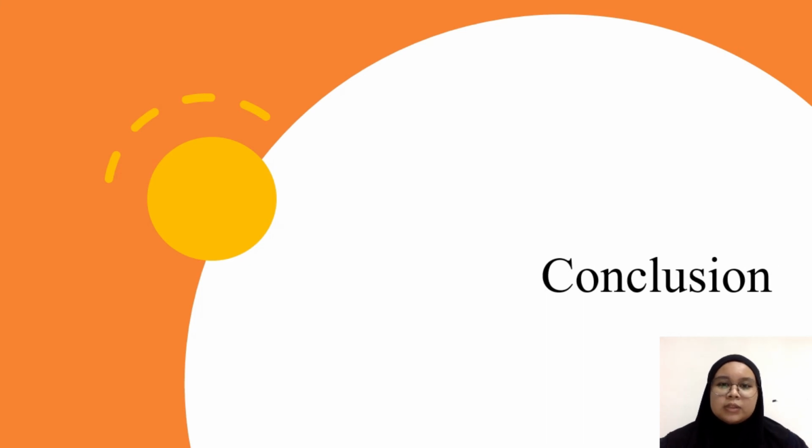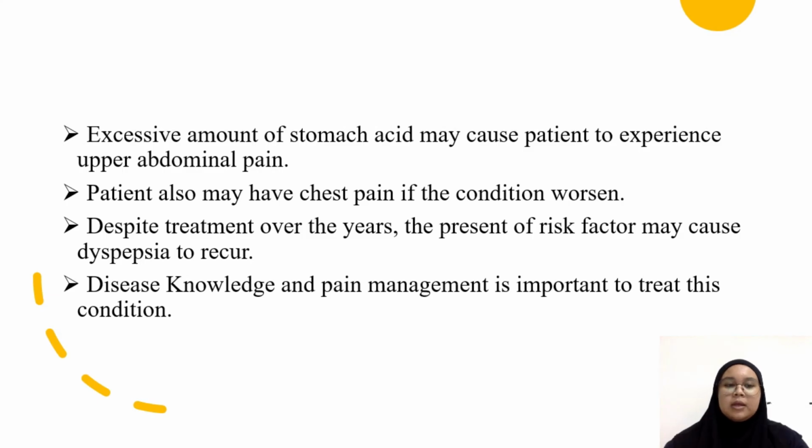So the conclusion from this case study is that dyspepsia may cause an excessive amount of stomach acid production that may cause the patient to experience upper abdominal pain, and if it worsens, the patient may have heartburn also.